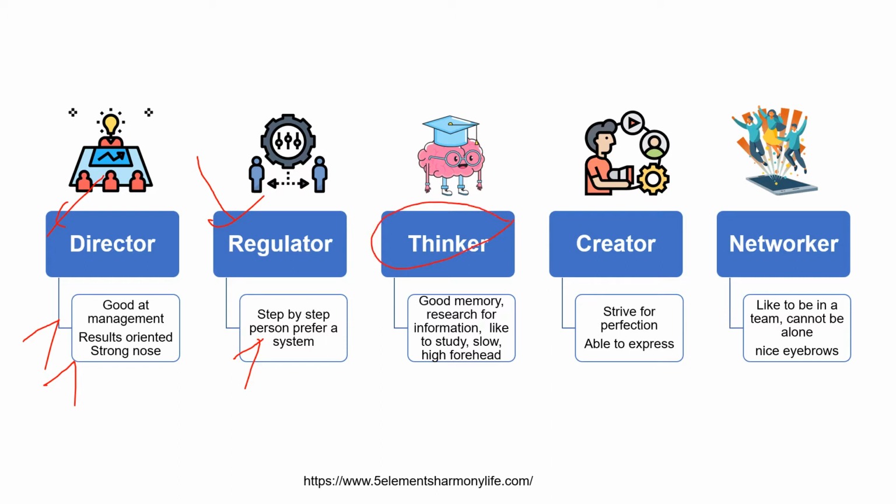The thinker usually has good memory, likes to research information, is slow, and has a very high forehead. The creator always strives for perfection and is able to express well. And the networker likes to be in a team, cannot be alone, and has nice eyes.